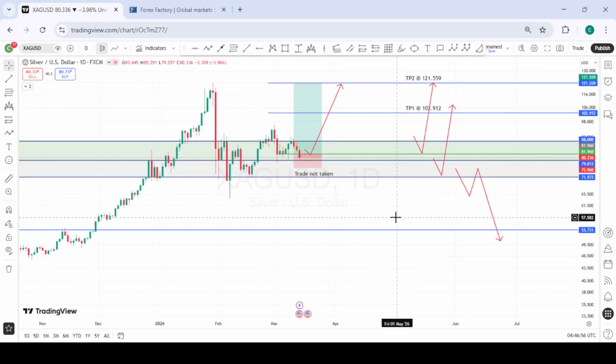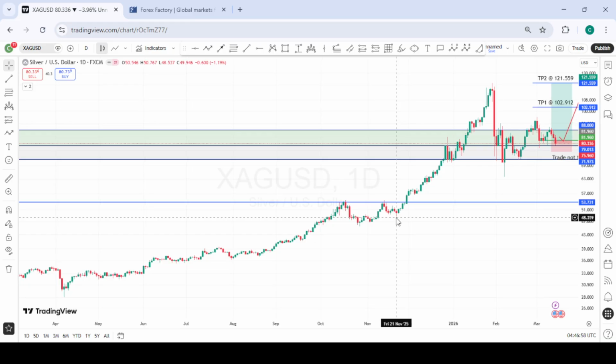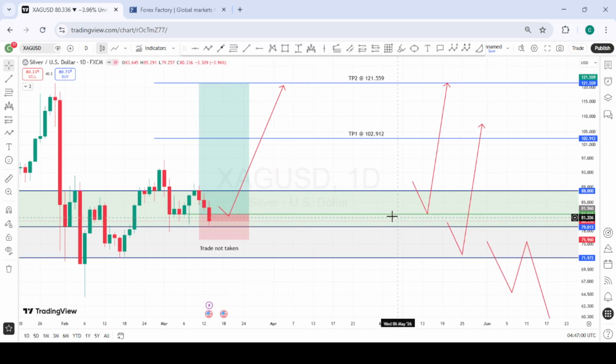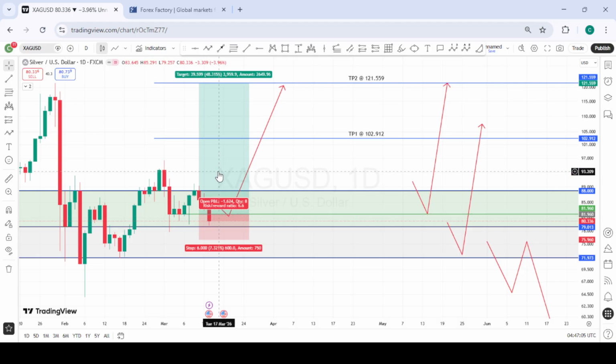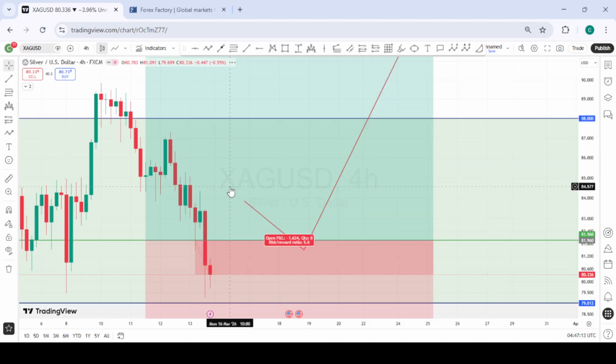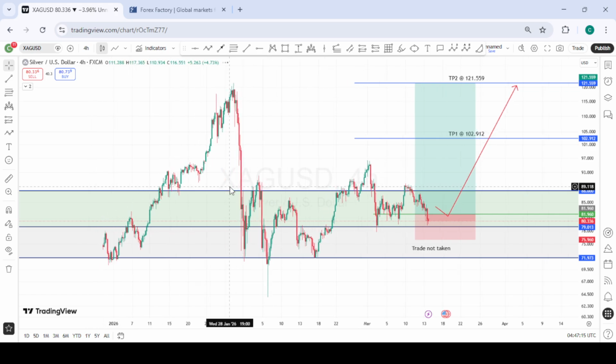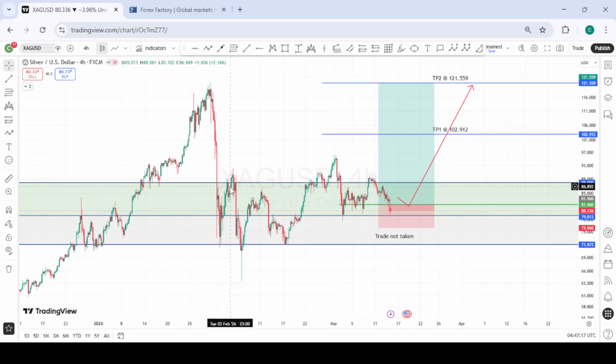This is silver. Earlier in the week, we had a buy limit we placed here, and that limit was called off before price even mitigated the zone. That's when we noticed that gold and then silver is shifting bearish.